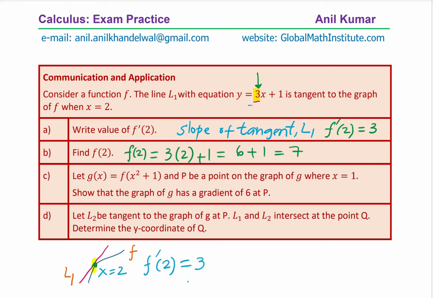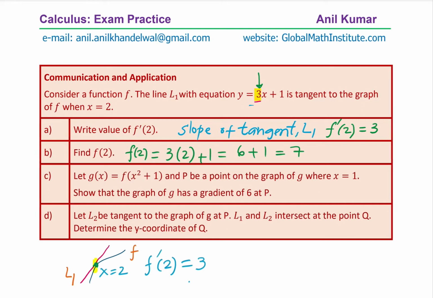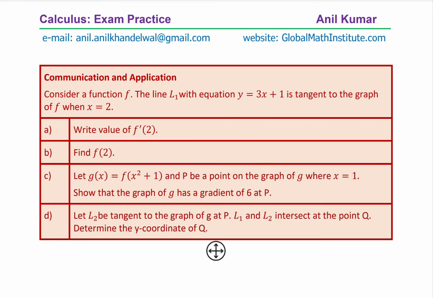Part C is, let g of x equal f of x squared plus 1 and P be a point on the graph of g where x equals 1. Show that the graph of g has a gradient of 6 at P. So let's do part C now on a fresh page.